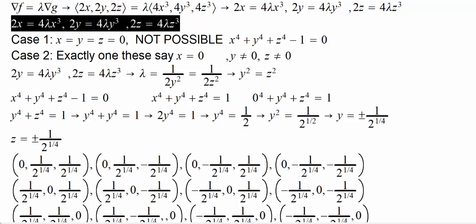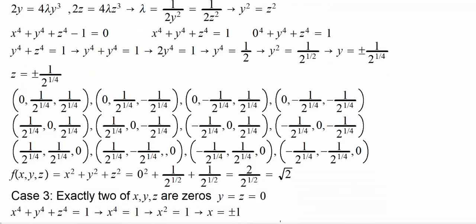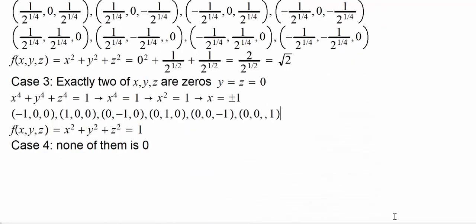So since none of them is 0, what will this indicate? That x square, y square, and z square are the same when we eliminate lambda from among them, exactly as we did before. So we have x square equals y square, and that equals z square.